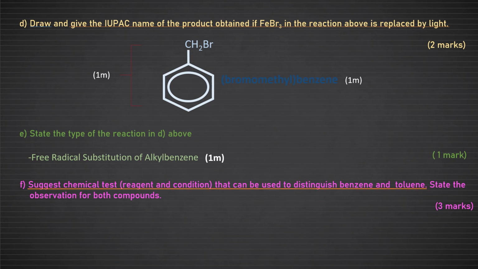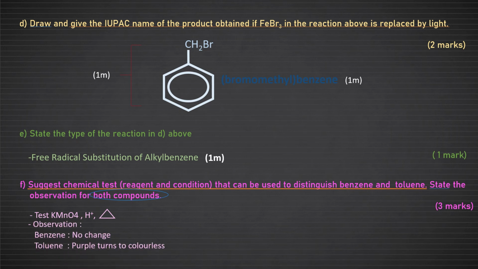The first is to suggest a chemical test, reagent and condition that can be used to distinguish benzene and toluene, and the second is to state the observation for both compounds. The chemical test that can be used is the test with potassium permanganate, hydrogen ion, and heat.